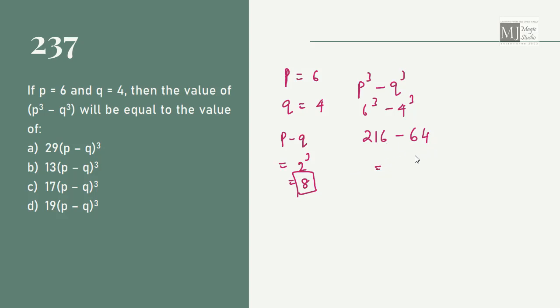So when we deduct, 216 minus 64 is 152. So 152 divided by 8 is 19. That means option D fits in.